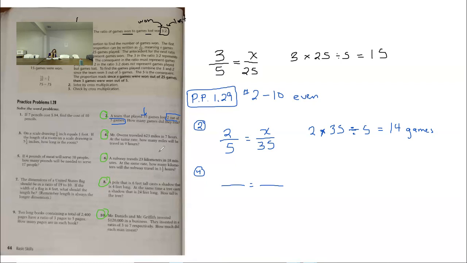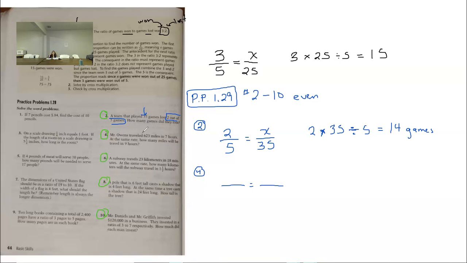So it has nothing to do with location in the question, or even size of the number. Because it says that Mr. Owens traveled 623 miles in 7 hours. I know that these 2 go together. It was 623 miles and it was done in 7 hours. Then it says at that same rate, how many will he travel in 9 hours?